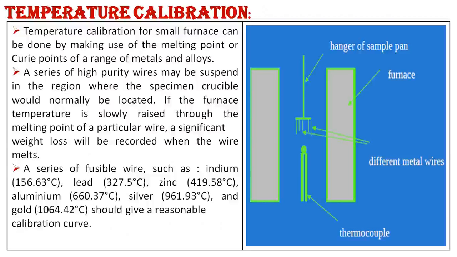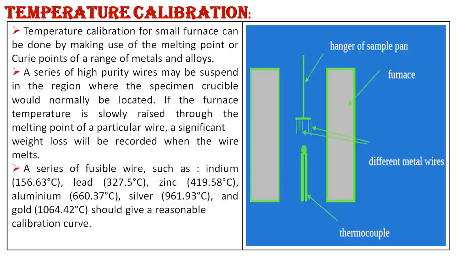Next one is the temperature calibration. For a small furnace it can be done by making use of the melting points or Curie points of a range of metals and alloys. A series of high purity wires may be suspended in the region where the specimen crucible would normally be located.